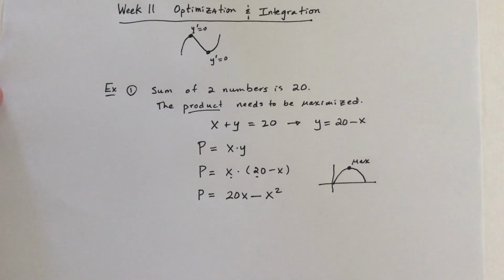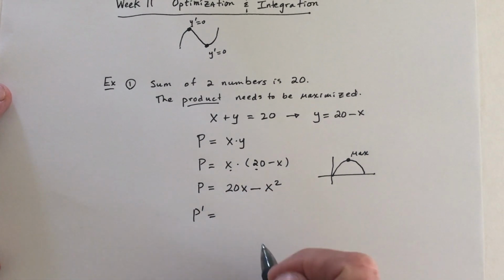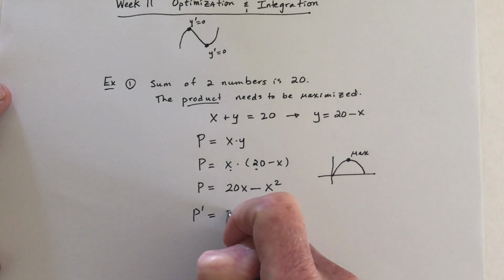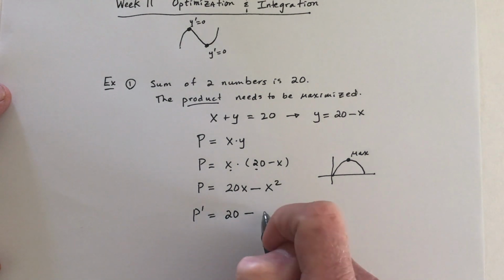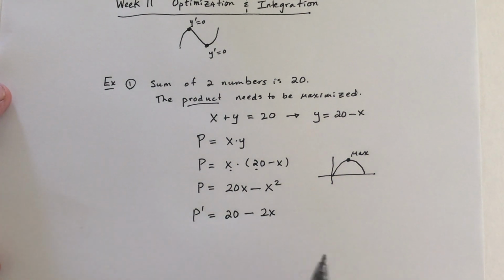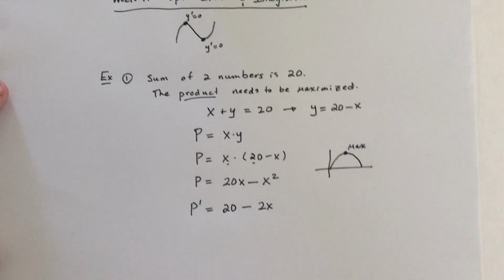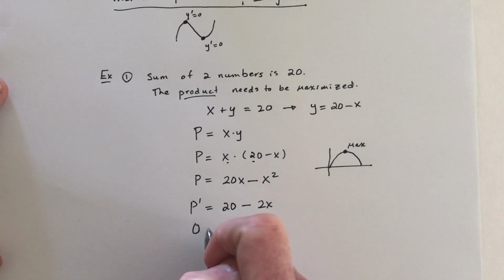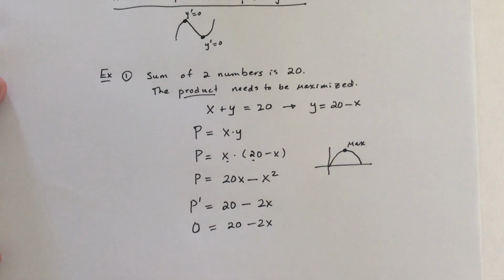And now for the derivative. So I'll just call it P prime. And the derivative of 20x is just 20. The derivative of x squared is 2x. And then set the derivative equal to 0 like I was advertising over here. So 20 minus 2x equals 0.